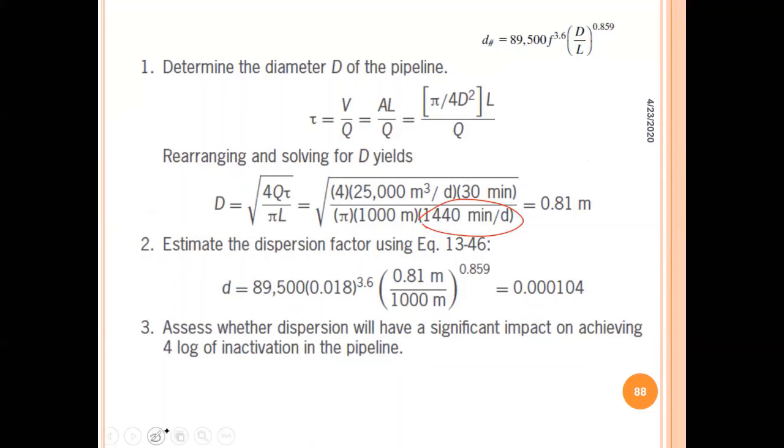This one, 4 is here, and 25,000 cubic meters per day is Q. And tau is the residence time, which is 30 minutes, and pi is pi. And L is 1 kilometer, and 1 kilometer is 1,000 meters.